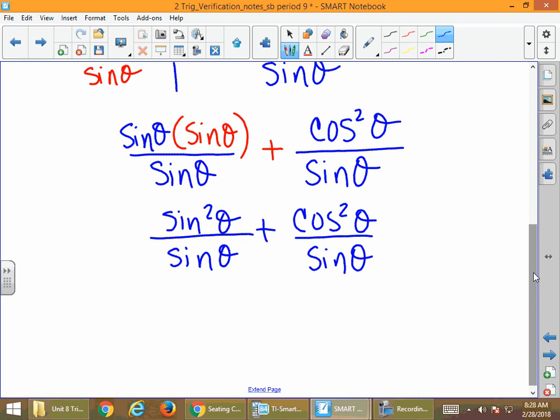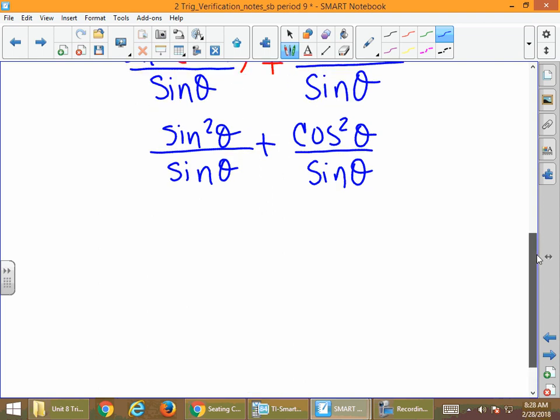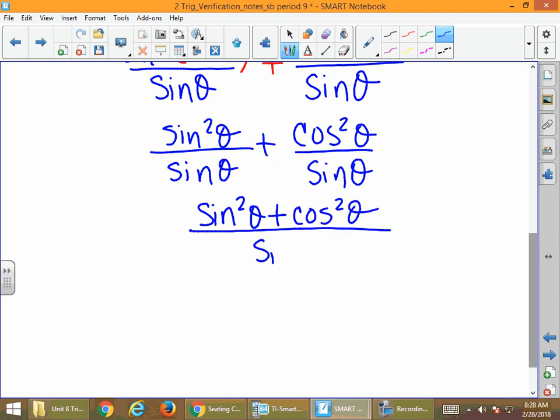If we write it a little simpler, and maybe you have to write this next step, and maybe you don't, sine squared theta plus cosine squared theta, all divided by sine theta, is where we are. But when we get a squared in this problem, we think Pythagorean identity.